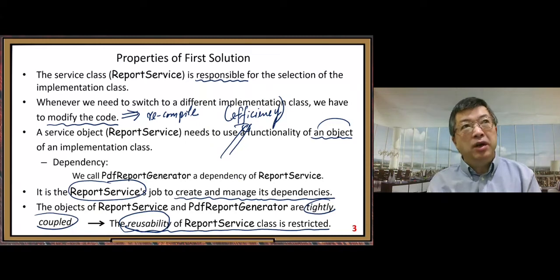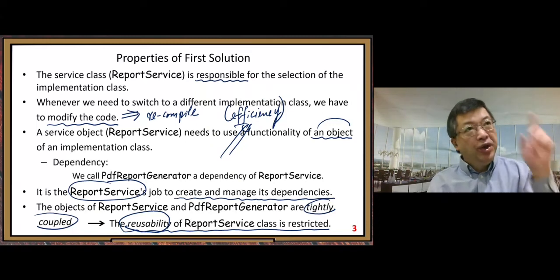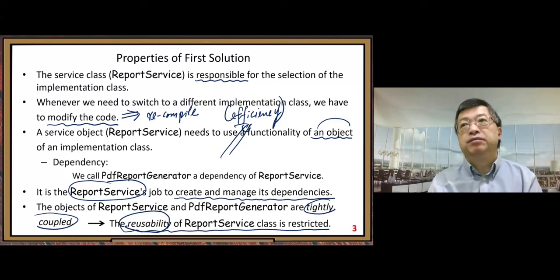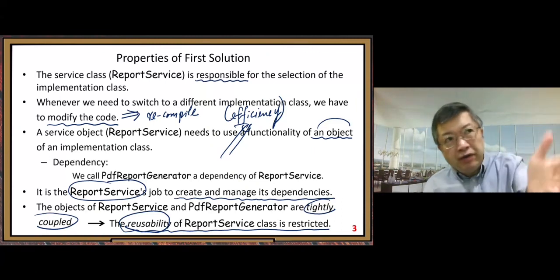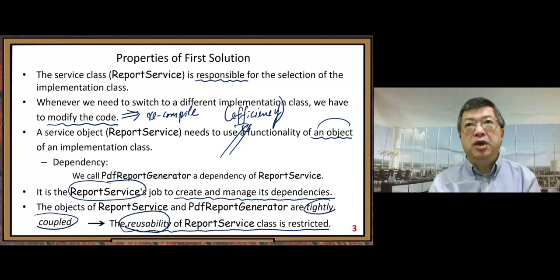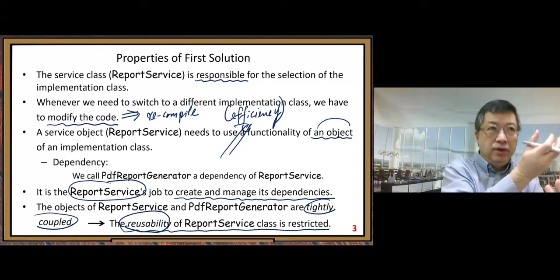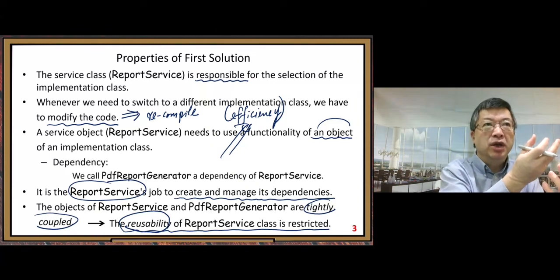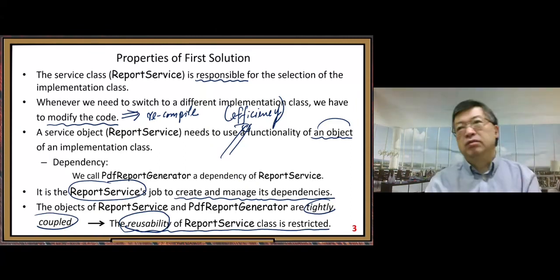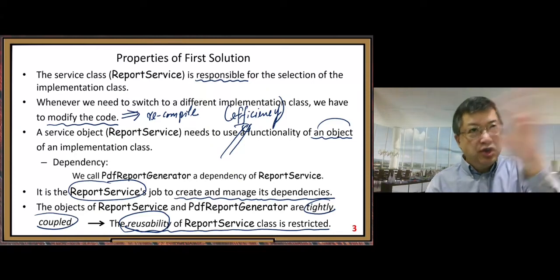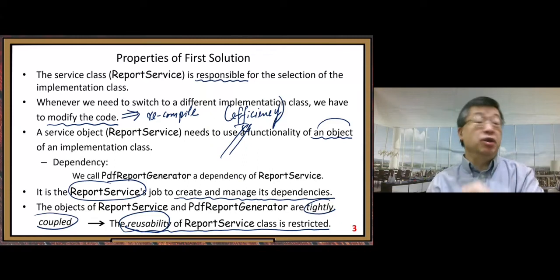That means the reusability is not very good, because you need to cut off that dependency object, then provide a new dependency object, and do some work to fix the connection problem. That will take a lot of work, not very efficient. So this is the biggest problem for this solution.